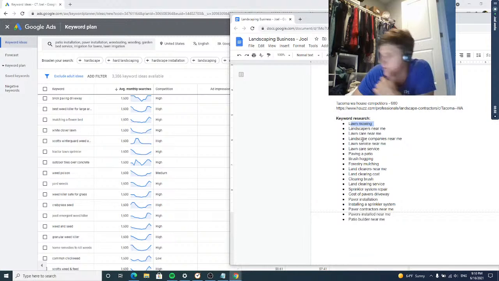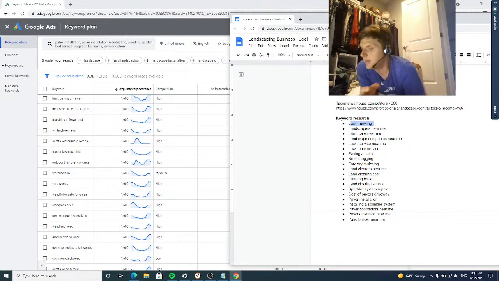So when I go to look for a company name, I'm likely going to try and put something in there that has to do with landscaping, maybe something like Coalition Landscaping or something along those lines. So that's my keyword research here. And this is an important part of setting up a business. You want to make sure you do it so that you understand what your customers are actually looking for, what terms they're looking on.